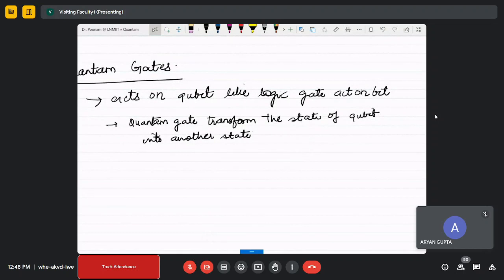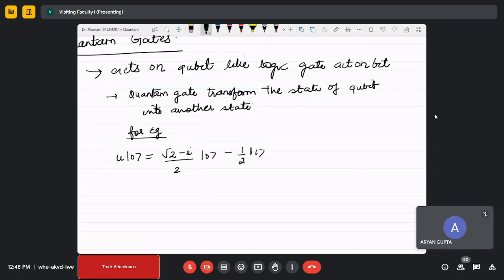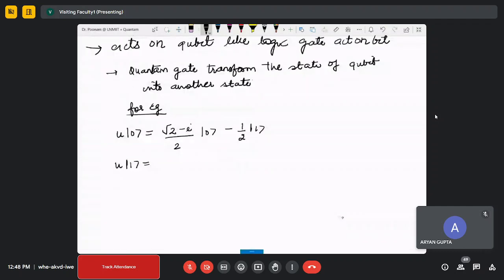For example, we have a gate U. What it does, it performs the following map. And when bit 1 is given to this, it will do this one.